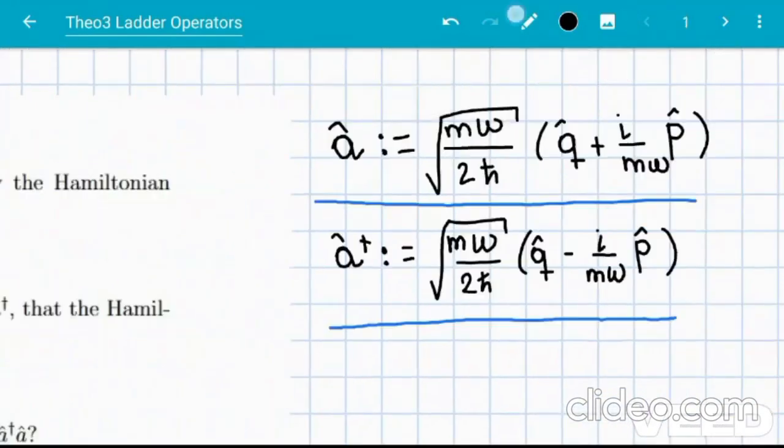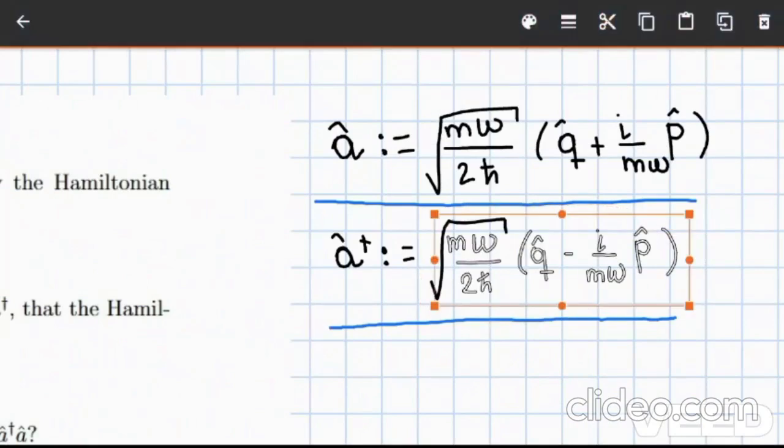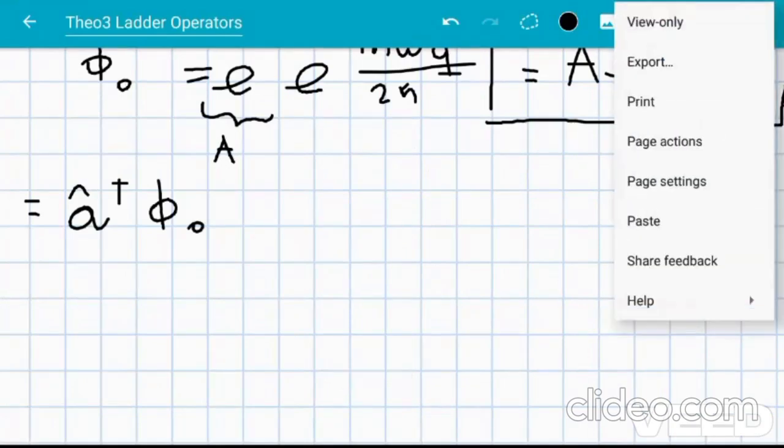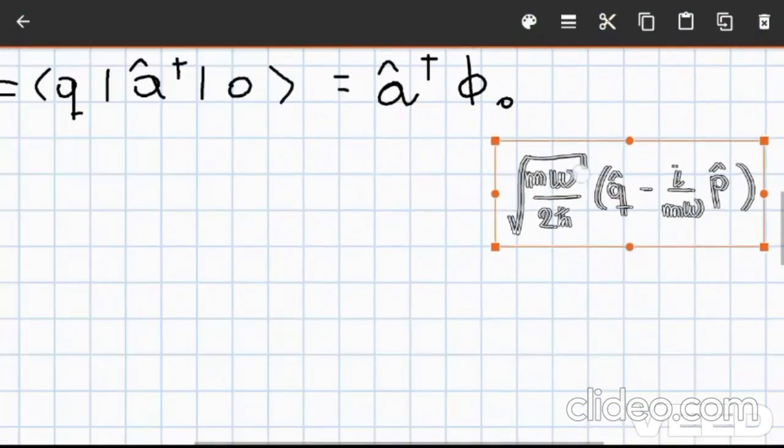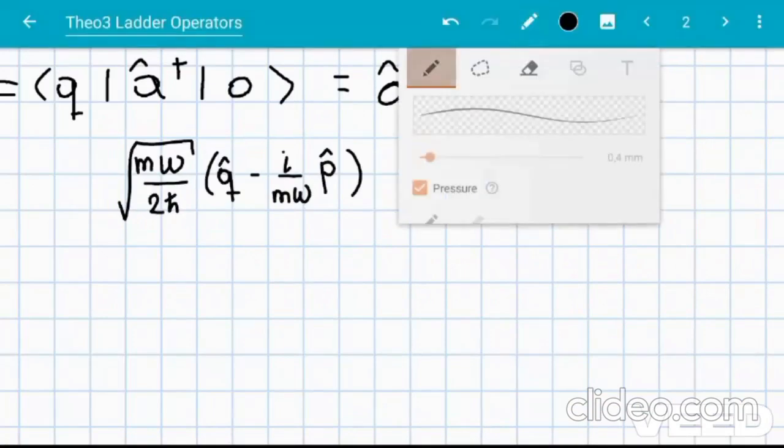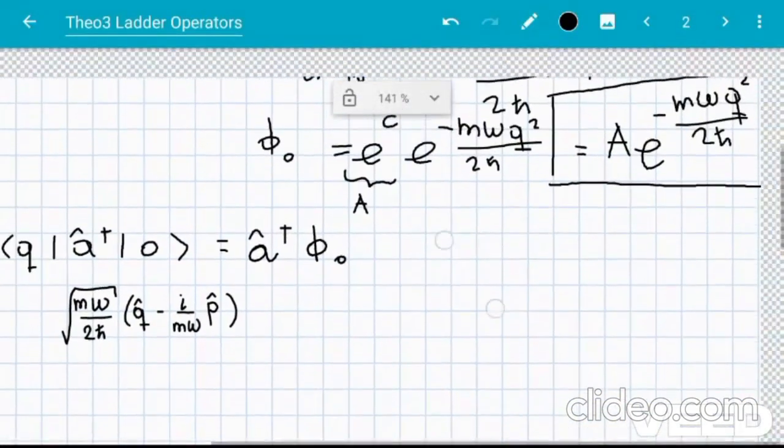So I'm just going to copy that again. And we already know what phi 0 looks like.